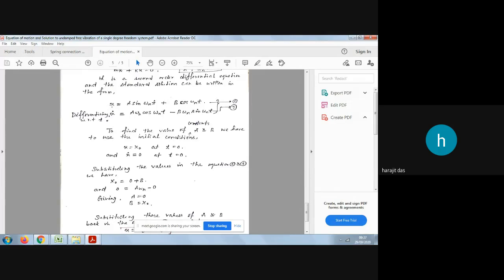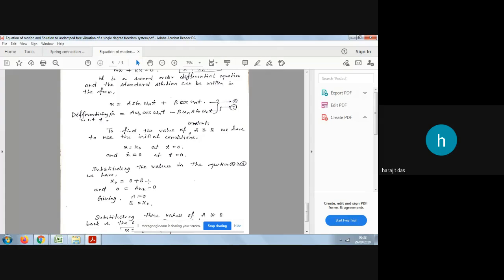Instead of x, we write x naught. t equals 0 means sine 0, so this term will vanish and will be 0 plus b cos omega n t. t equals 0 means omega times 0, and cos 0 equals 1. So x naught equals 0 plus b.